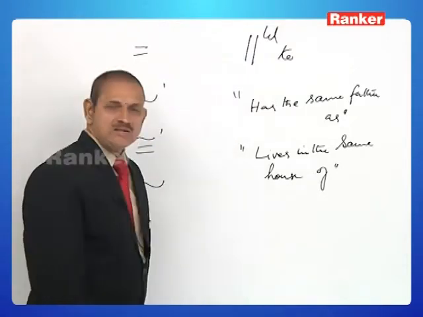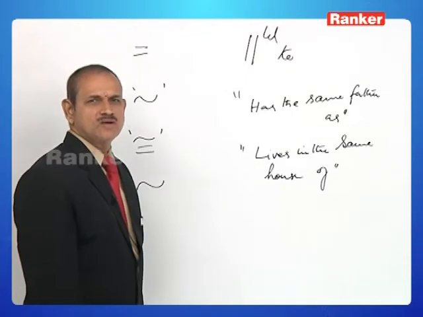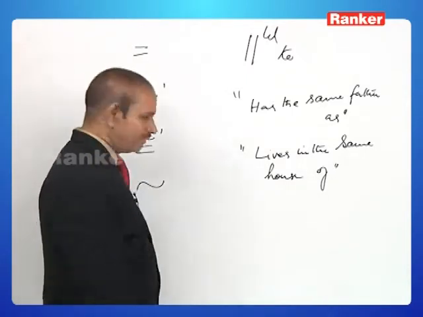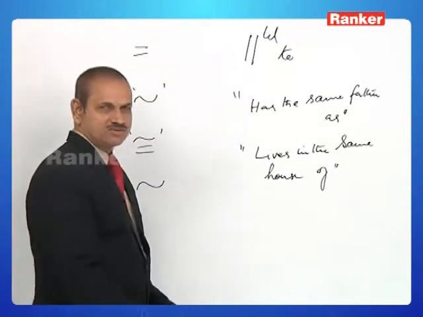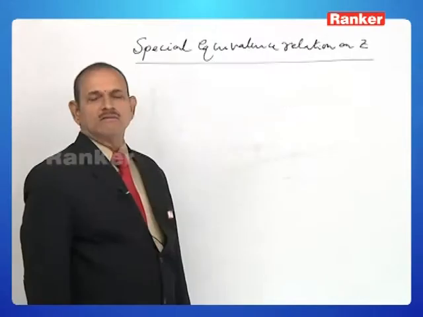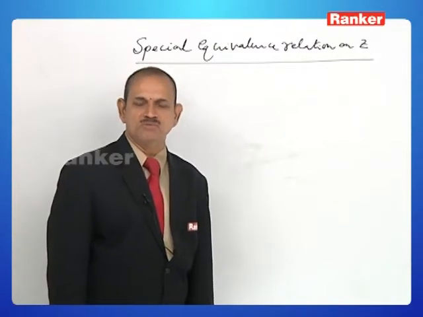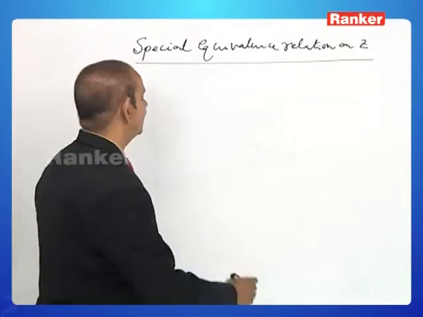There has been another standard equivalence relation which is to be discussed specially. We now go to that special equivalence relation. There has been a special equivalence relation on the set of integers. It has been defined. What is that?